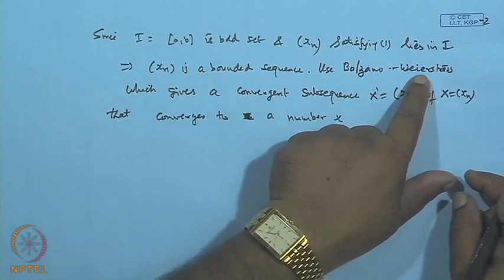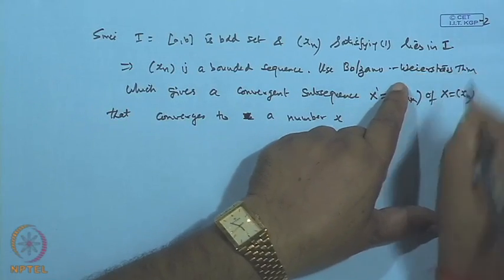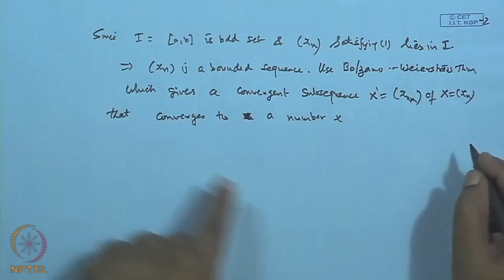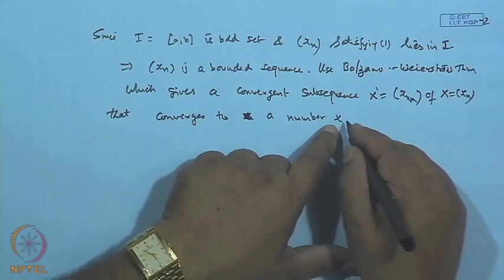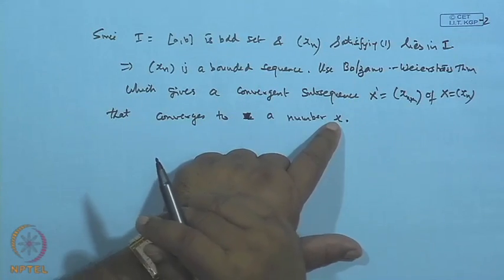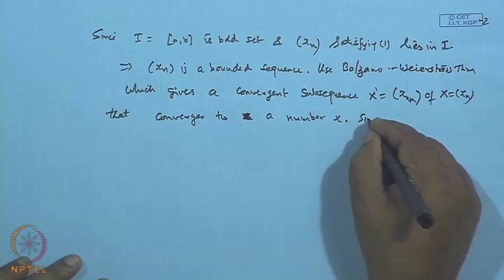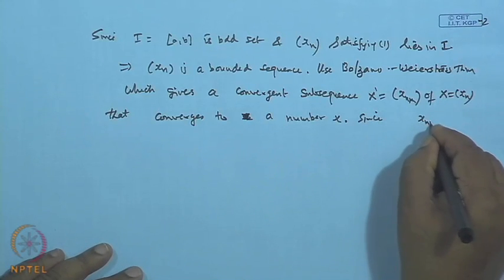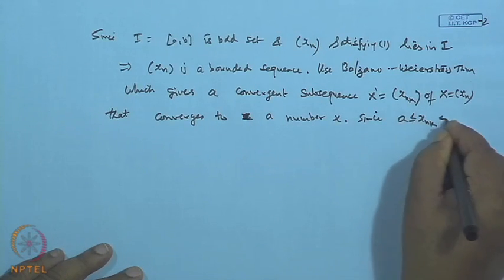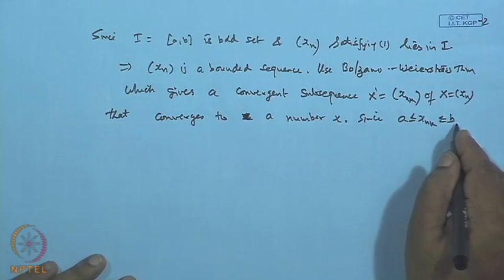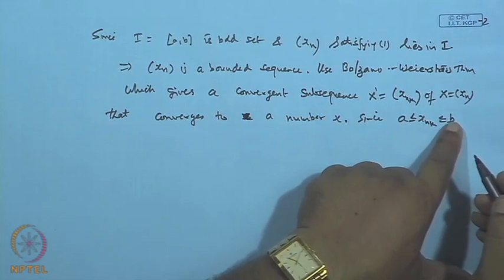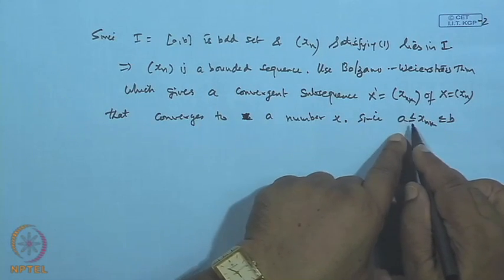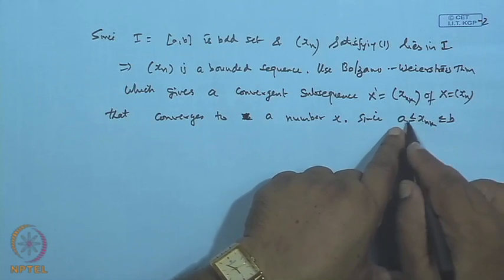Now, this x obviously belongs to I. Why? Because all the terms of the sequence x_{n_k} lie between A and B. I is a closed interval, and all the terms of the sequence lie within it. So, the limit of this sequence cannot exceed these bounds; it will always lie between these two bounds.